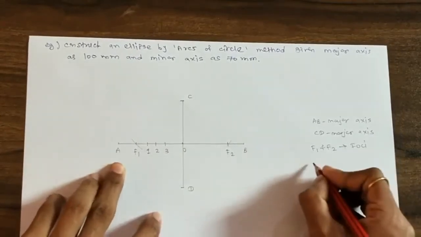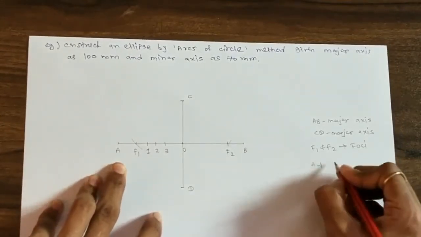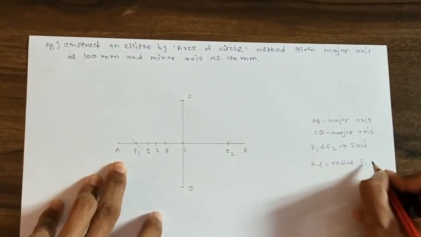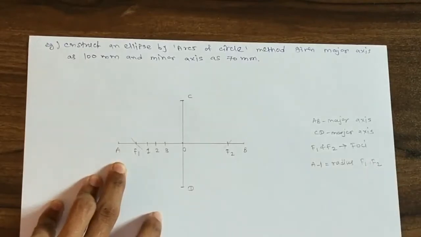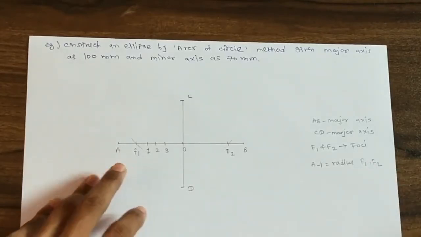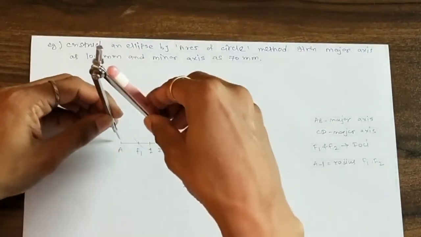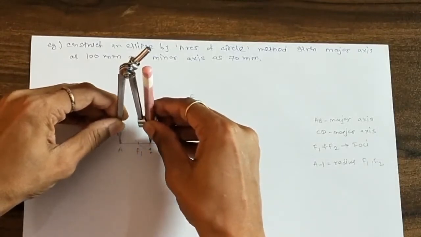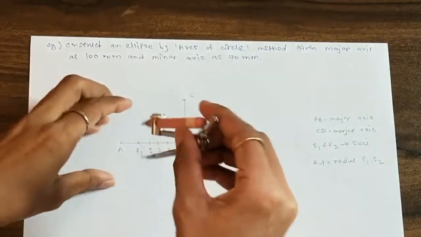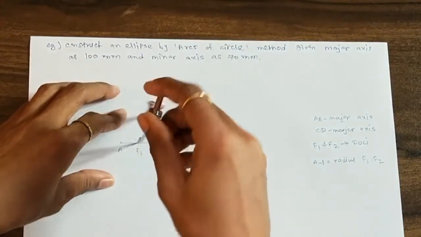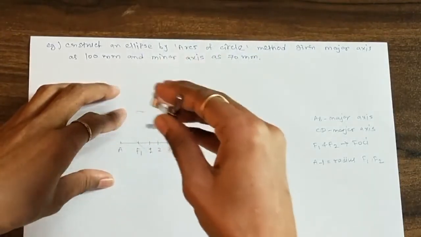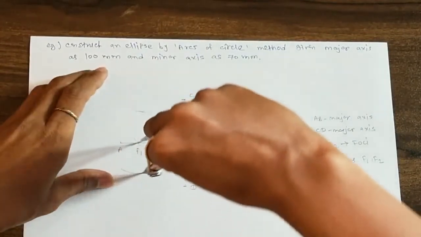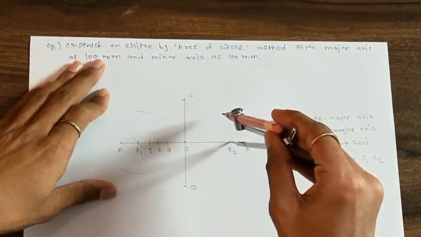Then take A1 as radius and F1, F2 as centers, and draw arcs on both sides, from point F2 also.